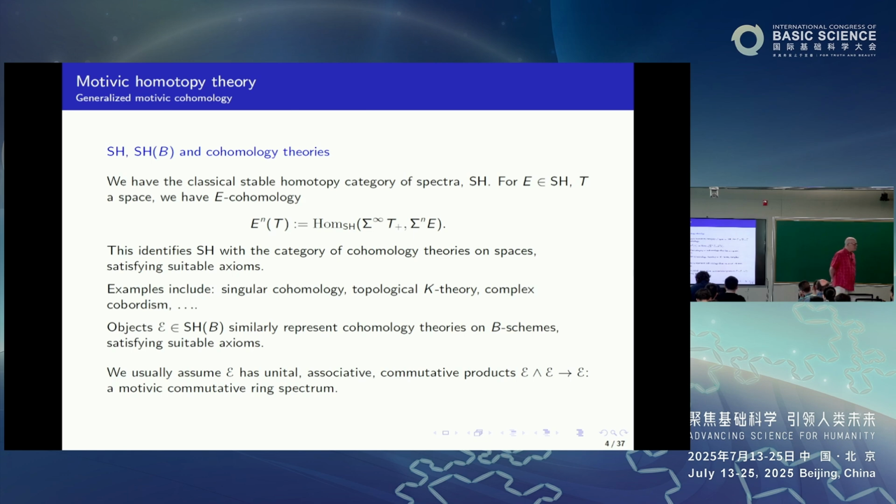And the motivic stable homotopy category is built to do exactly the same thing. Objects represent reasonable cohomology theories on B-schemes. And the basic axioms are similar to the axioms in the topological setting, just made algebraic.